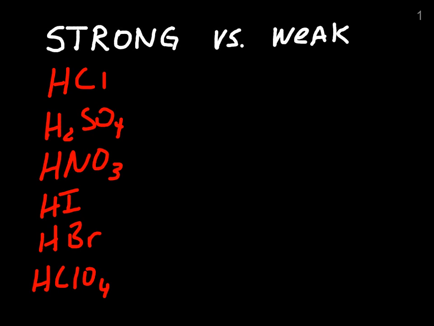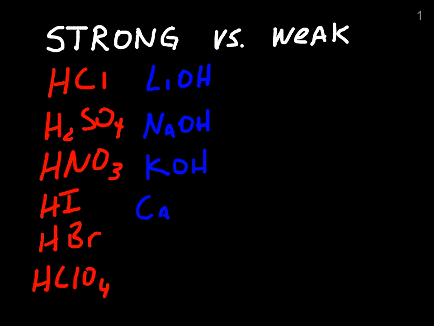Common strong bases are going to be lithium hydroxide, sodium hydroxide, potassium hydroxide, so basically all the alkali metals. Then in the alkaline earths, calcium hydroxide, strontium hydroxide, and then barium hydroxide.